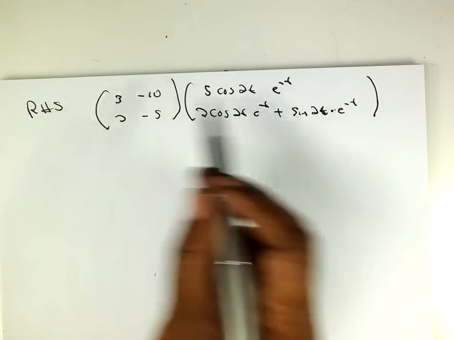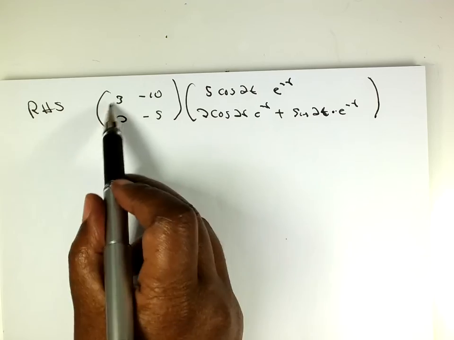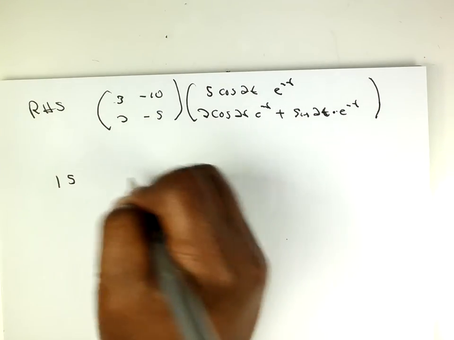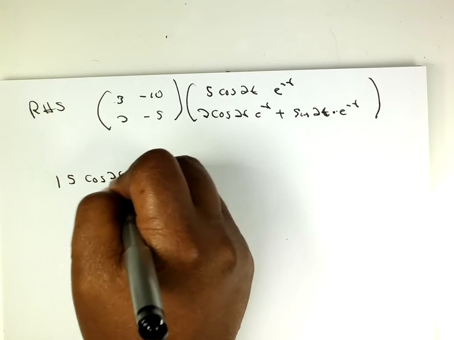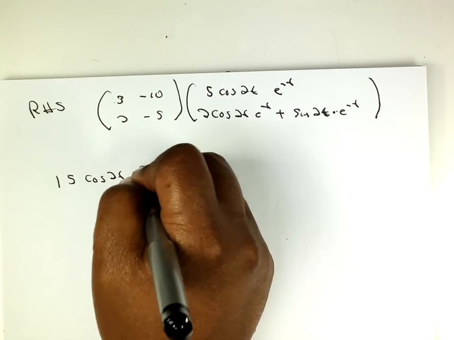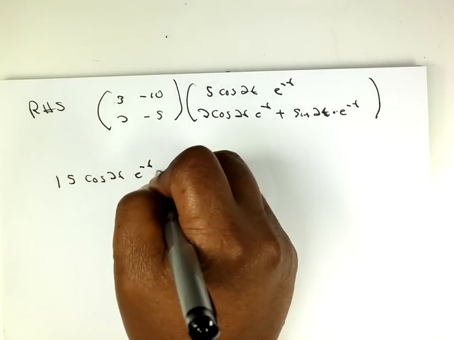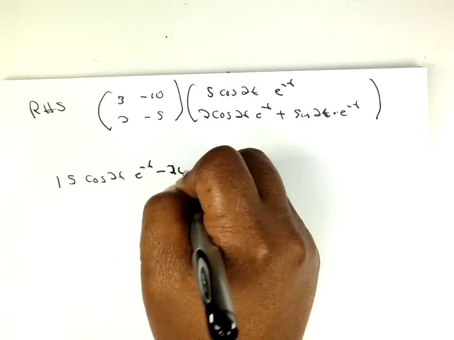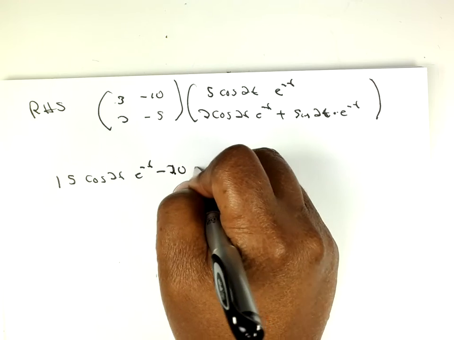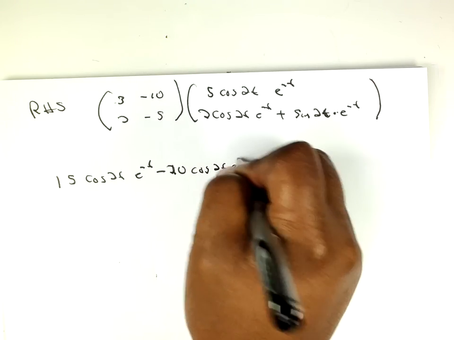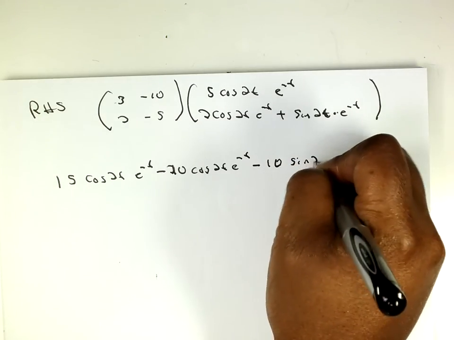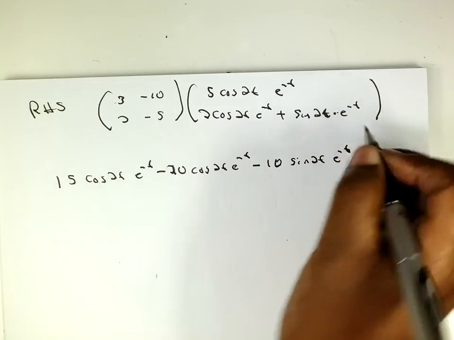So again, across and down. So multiplying that, I get 15 cosine 2t e to the negative t minus, I'm going to distribute that 10, so minus 20 cosine 2t e to the negative t minus 10 sine 2t times e to the negative t.